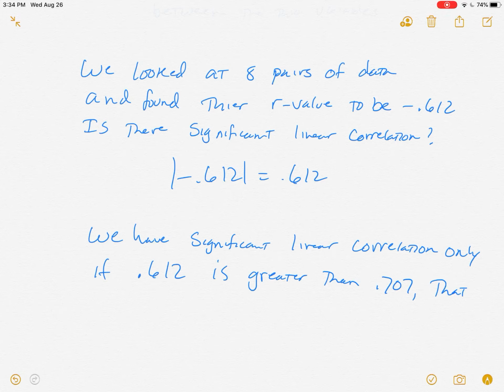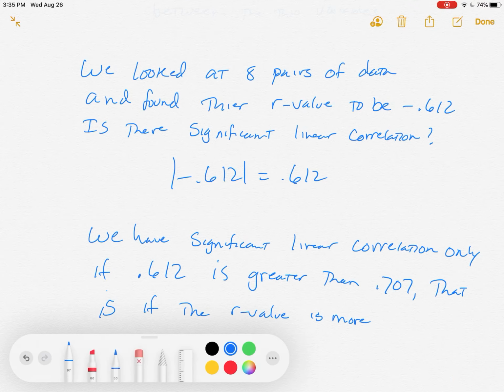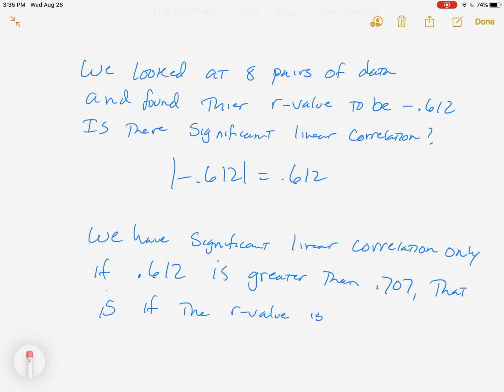That is, if the R value is closer to 1, remember, than 0.707. Okay, that's how we know we have significant correlation.